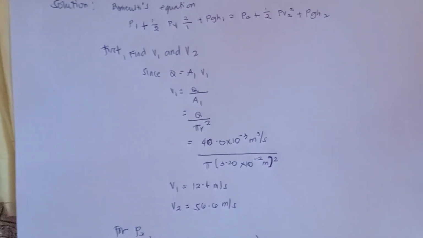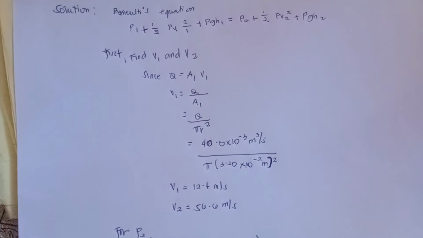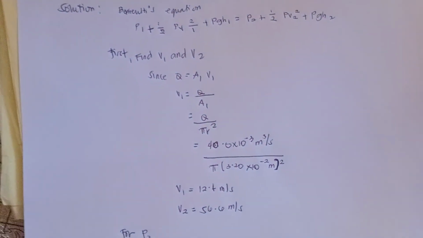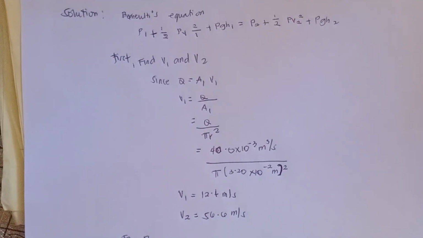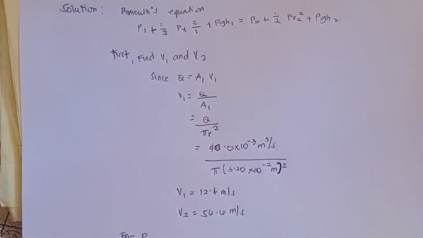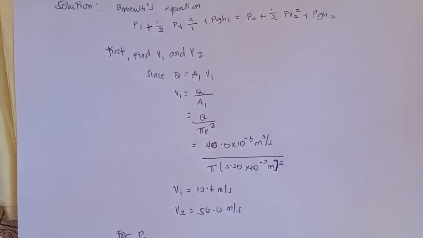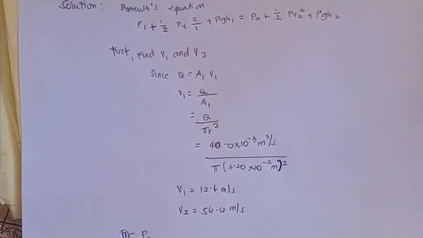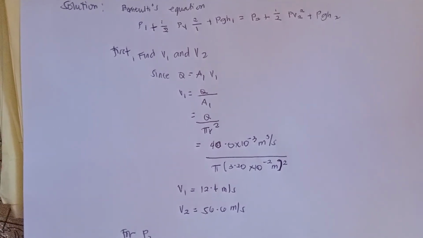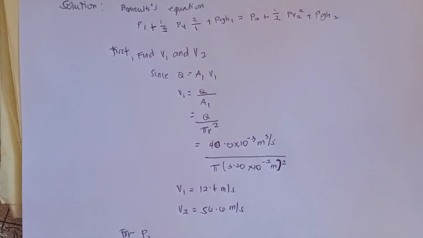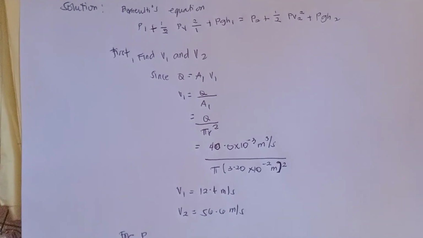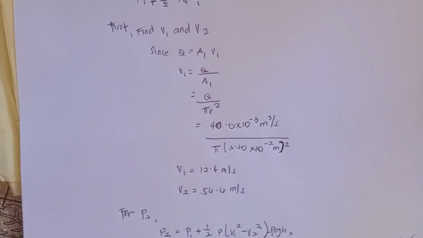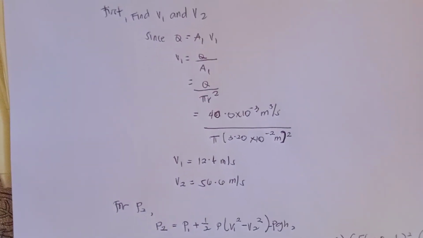So that is 40.0 times 10 to the negative 3 meter cube per second over pi times the radius 3.20 times 10 to the negative 2 meter squared. V1 is 12.4 meter per second and V2 is 56.6 meter per second.